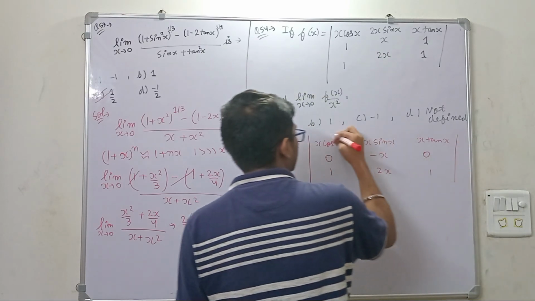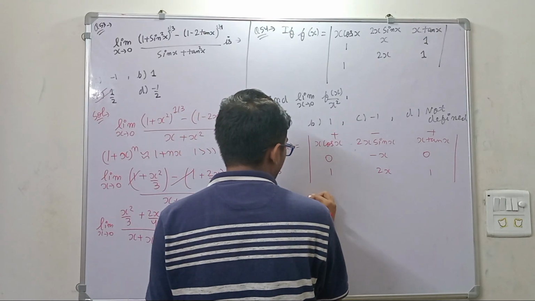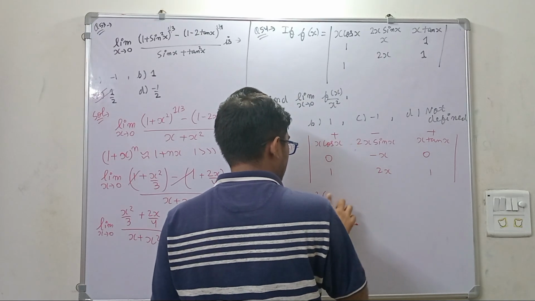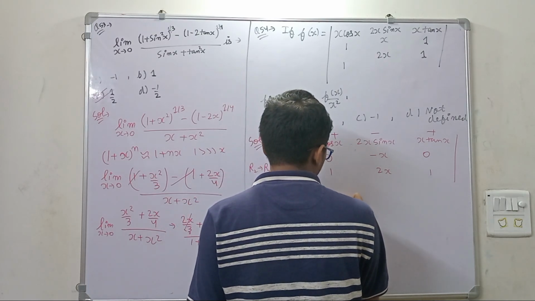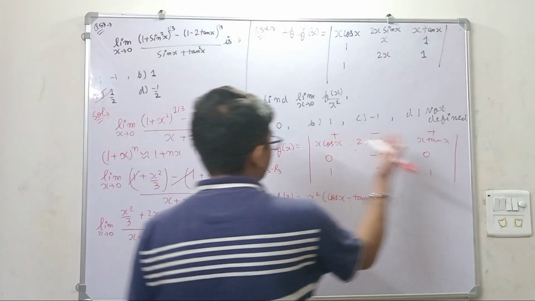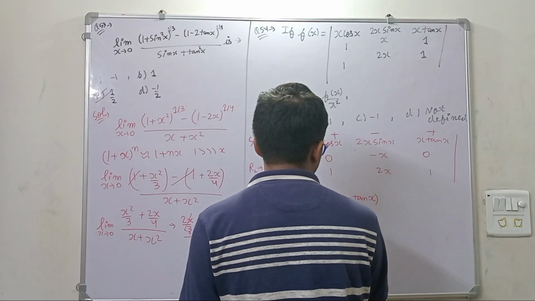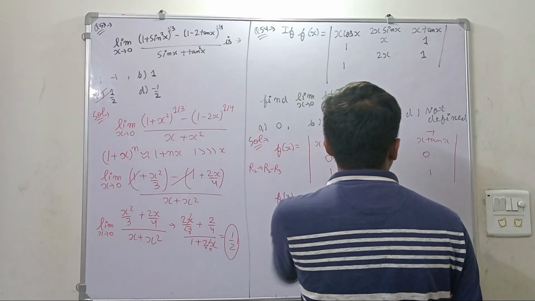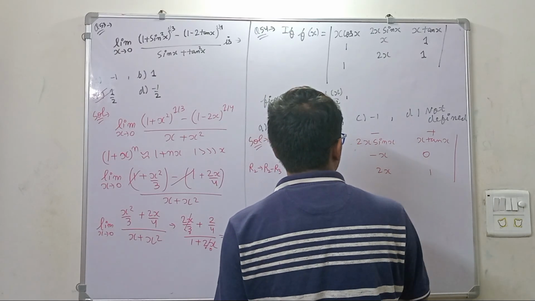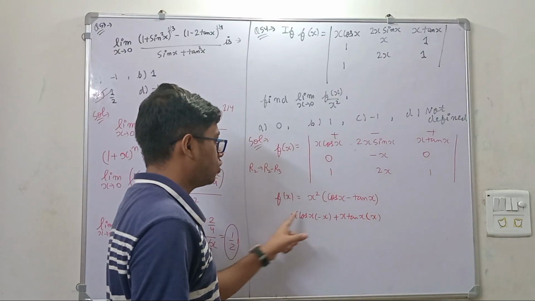Now just solve the determinant with plus minus plus signs, and your fx will come out to be x square cos x minus and plus x tan x. This will be 0 only. So x square will be common, and cos x minus tan x.